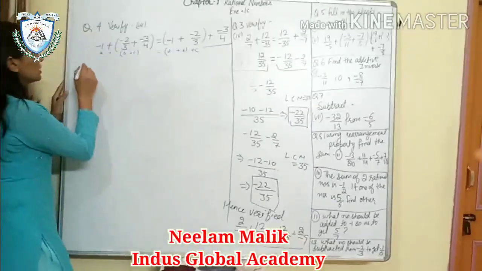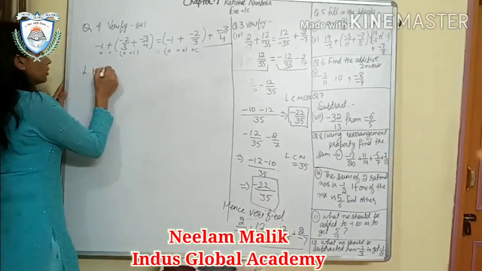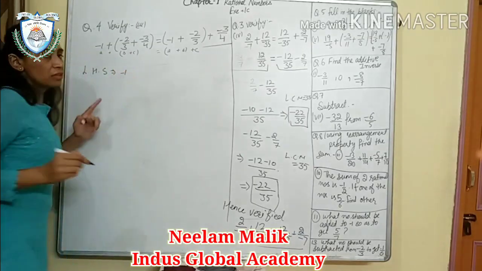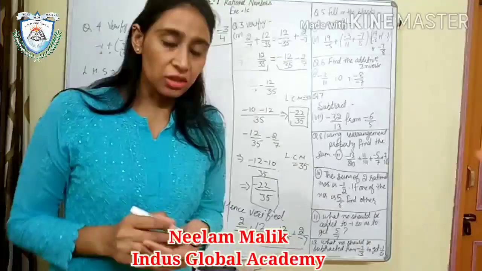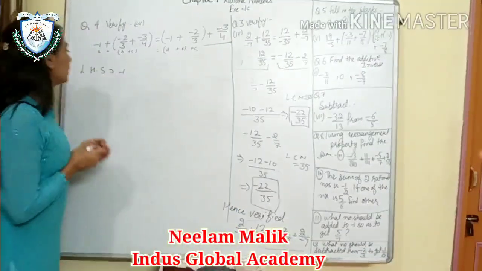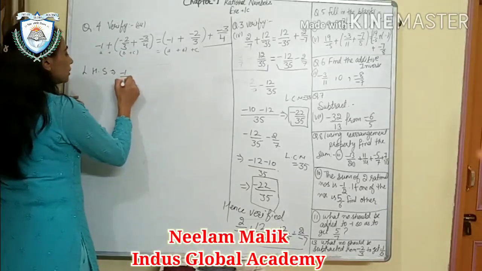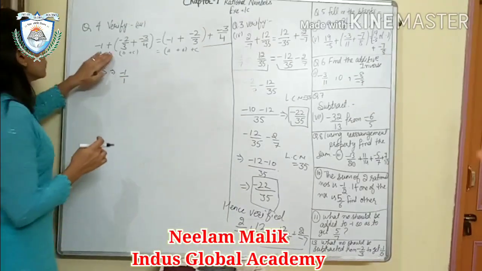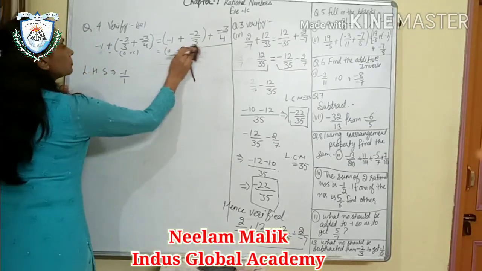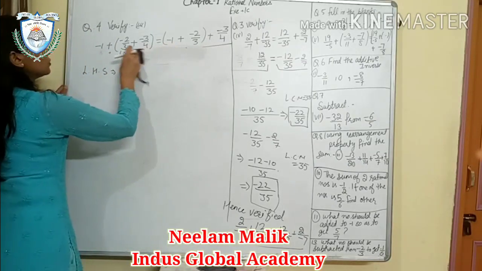So what we will do, we will take the left hand side. Our left hand side is -1. This is integer. We can convert integer into rational numbers by dividing that number with 1. I'm writing this A, B, C now, just for understanding.